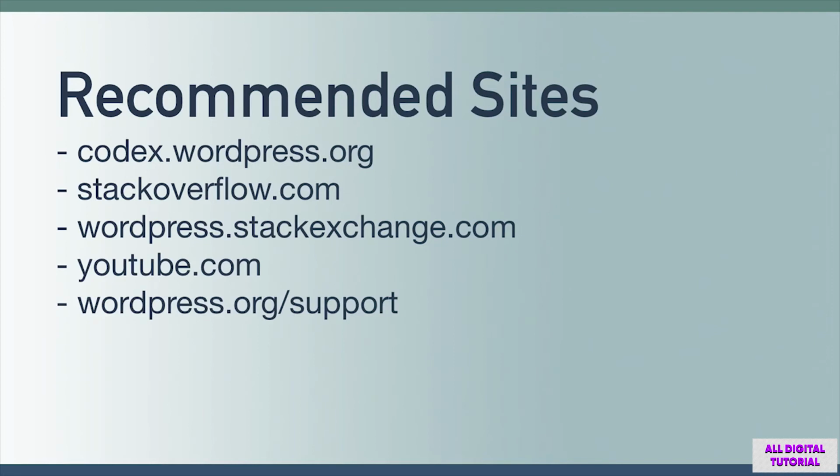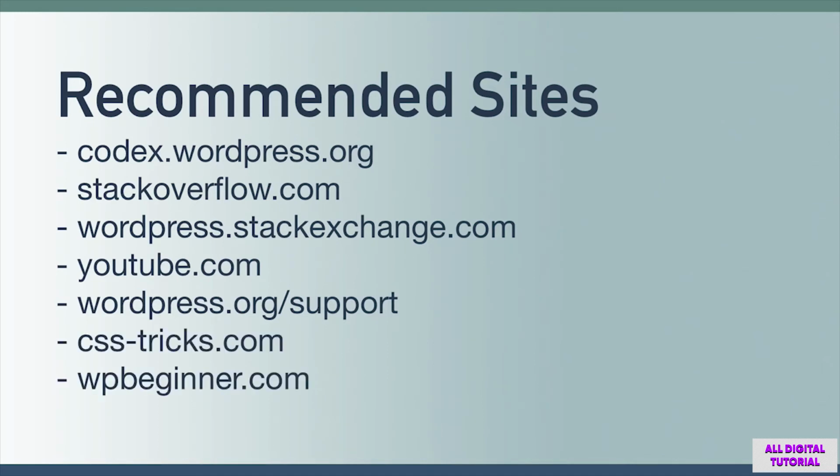YouTube.com. WordPress.org/support. That's the official WordPress message board or forum. CSS-Tricks.com, and WPBeginner.com. Now, by all means, I'm not saying that if a website isn't on this list, you shouldn't visit it. I'm not saying that at all. These are simply websites that have great reputations, are safe, and that I've had positive experiences with.